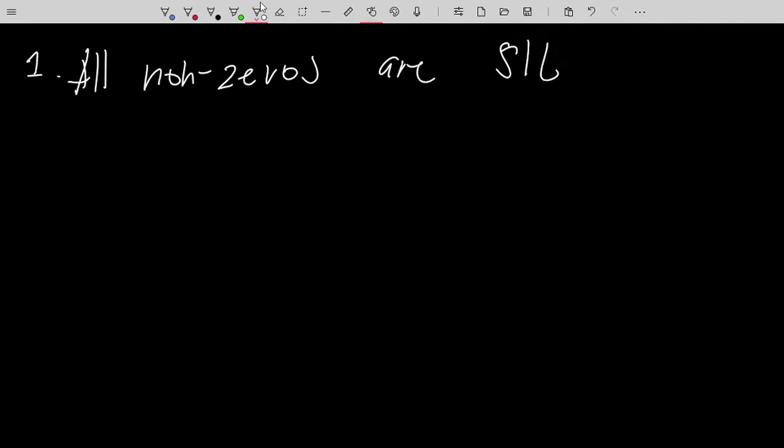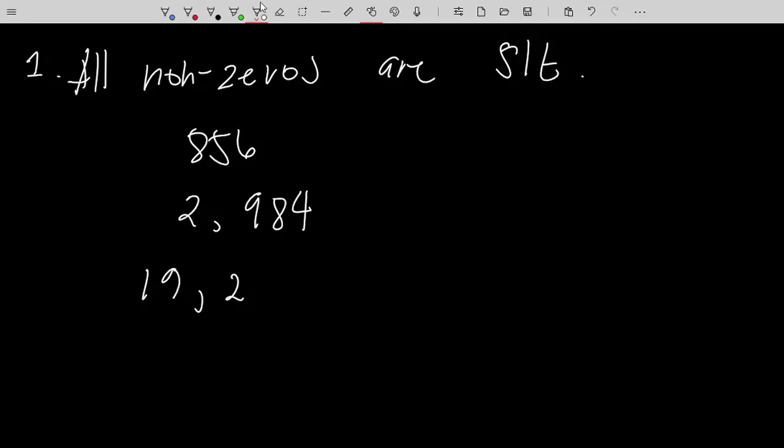The first rule is that all non-zeros are significant. Let's have a set of examples here: 856, 2984, and 19,256. The first thing to do to identify significant figures is to count all non-zeros.